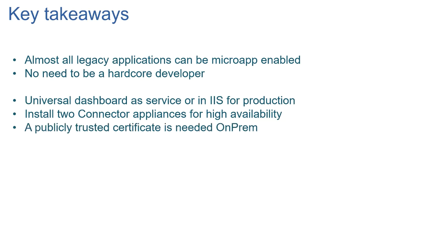A thing to consider is that when the Connector appliance is sending out HTTP calls, it requires the use of HTTPS. So this calls for a publicly trusted certificate on the API endpoints it talks to.